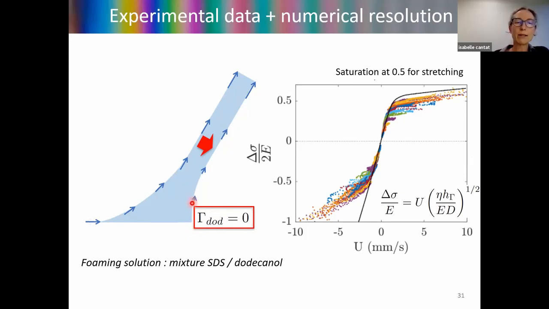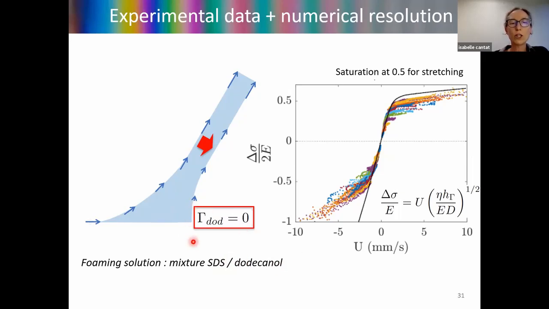And so when I say that the interface is entirely depleted, it does not mean that I have only water here. Actually, we use a quite complex foaming solution, which is a mixture of sodium dodecyl sulfate and dodecanol. And it would be a long story, but only the dodecanol is important in this story, because this comes very fast to the interface, so is at equilibrium everywhere.